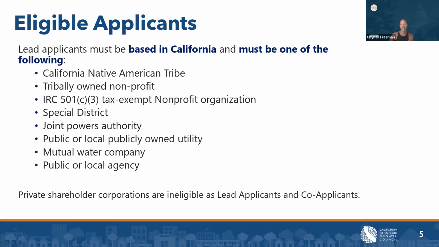Planning grants must have at least one co-applicant, and project development and implementation grants must have a minimum of 2 co-applicants. We strongly encourage applications to have more than the minimum number of co-applicants. For additional information on eligible applicants and applicant eligibility requirements, please review Section 3.1 of the guidelines.